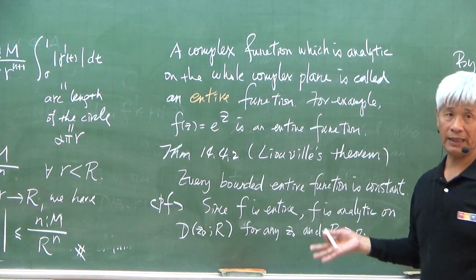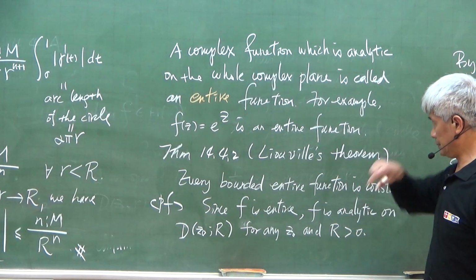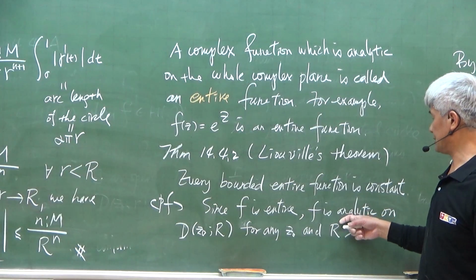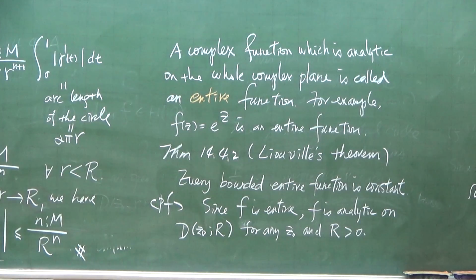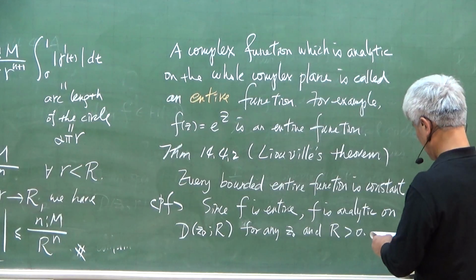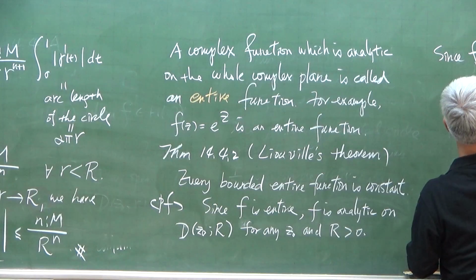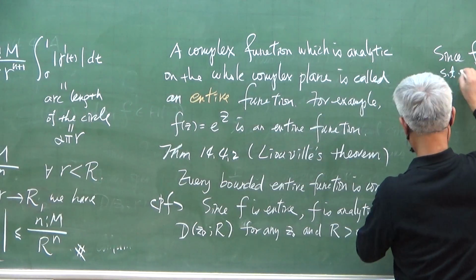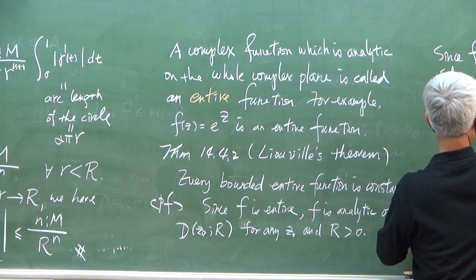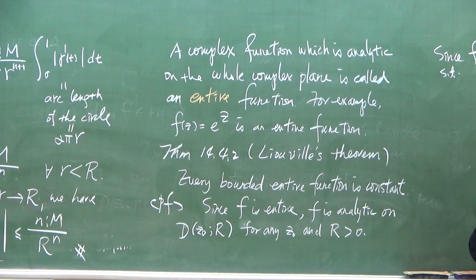F is entire, so at every point in the complex plane, f is analytic in that disk. Now, since f is bounded, there exists an M greater than 0 such that |f(z)| is less than or equal to M for all z in the complex plane.